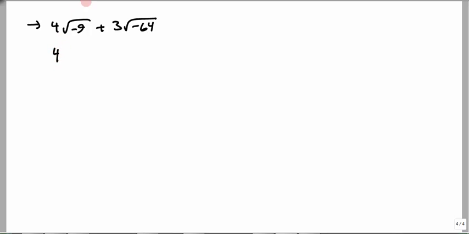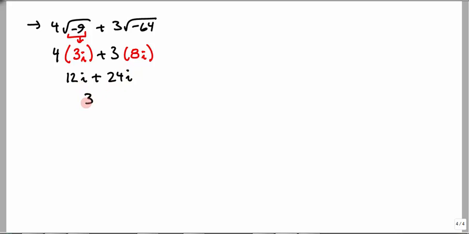So when I'm talking about the square root of negative 9, square root of 9 is 3, square root of negative 1 is i. So the square root of negative 9 is just 3i. Similarly, square root of 64 is 8, square root of negative 1 is i. So 4 times 3 is 12i, 8 times 3 is 24i, 12 plus 24 is 36i.